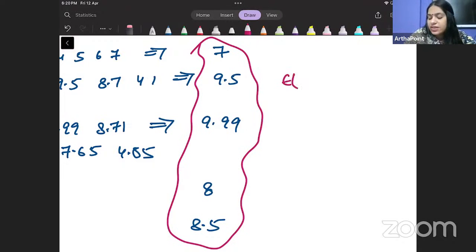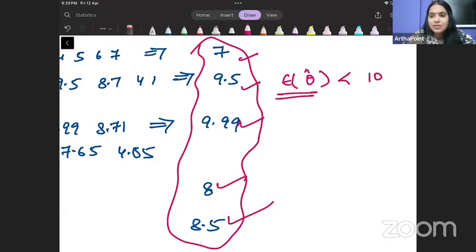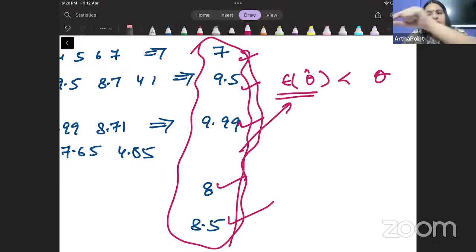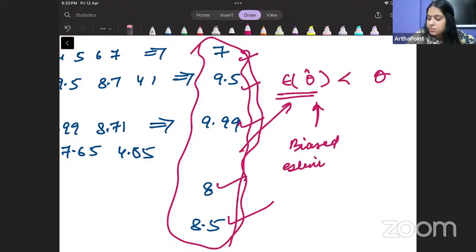So even if I take the expected value of these samples, adding them all together, even if I find their mean, it will be less than 10. It will be less than theta, right? Because theta was 10. Even if I find their expected value, it will be less than theta, even if it comes out as 9.9999. So it is possible that this will be a biased estimator.